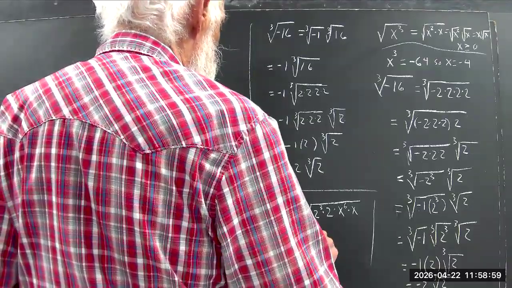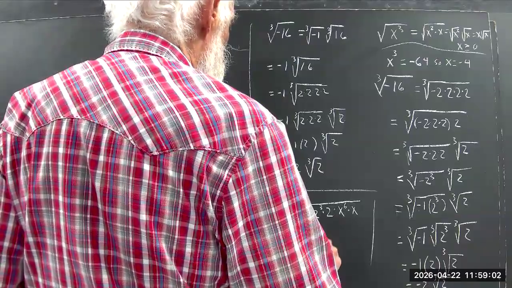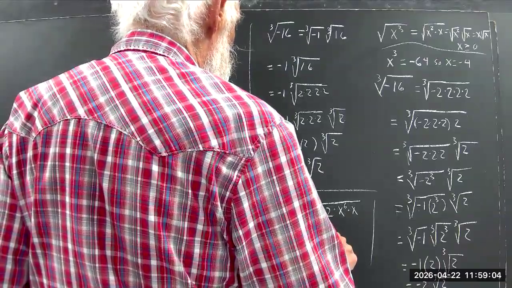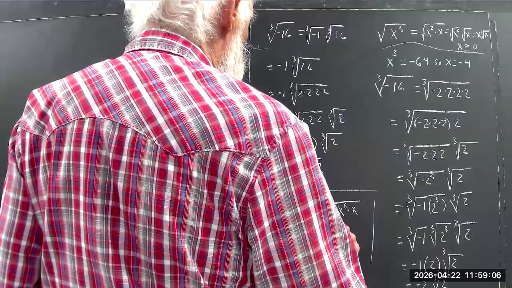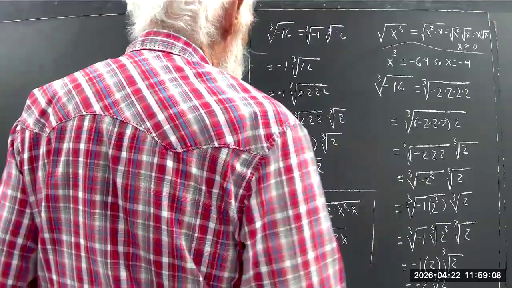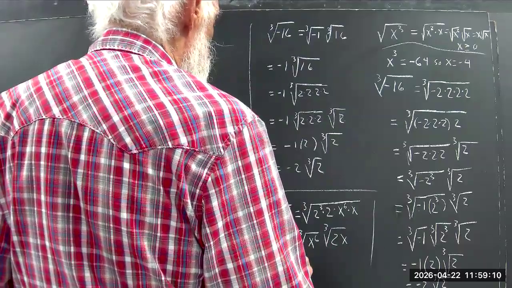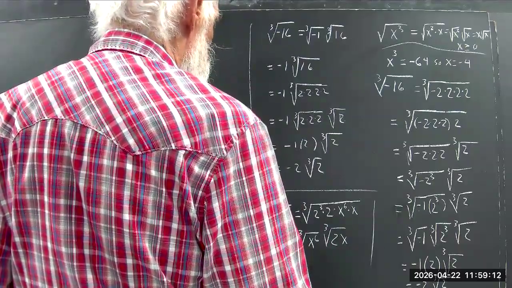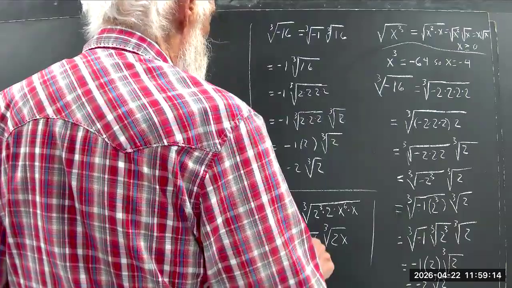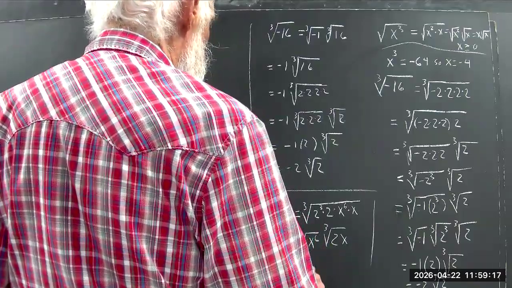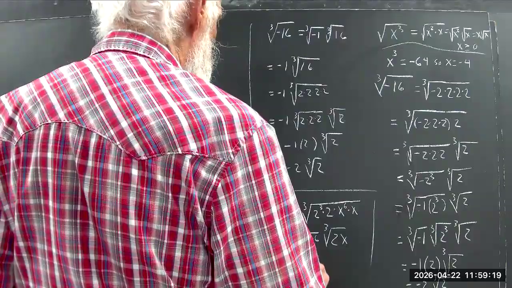the cube root of 2 cubed times the cube root of x to the 6th times the cube root of 2x. The cube root of 2 cubed is 2. The cube root of x to the 6th is x squared.